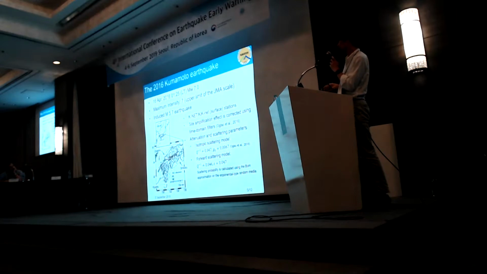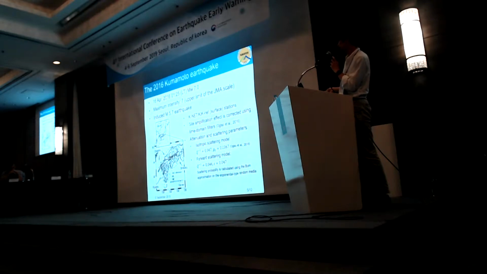And the site amplification effect in each station was corrected using time domain filters beforehand. And we used these values as the attenuation and the scattering parameters for the isotropic and forward scattering models.